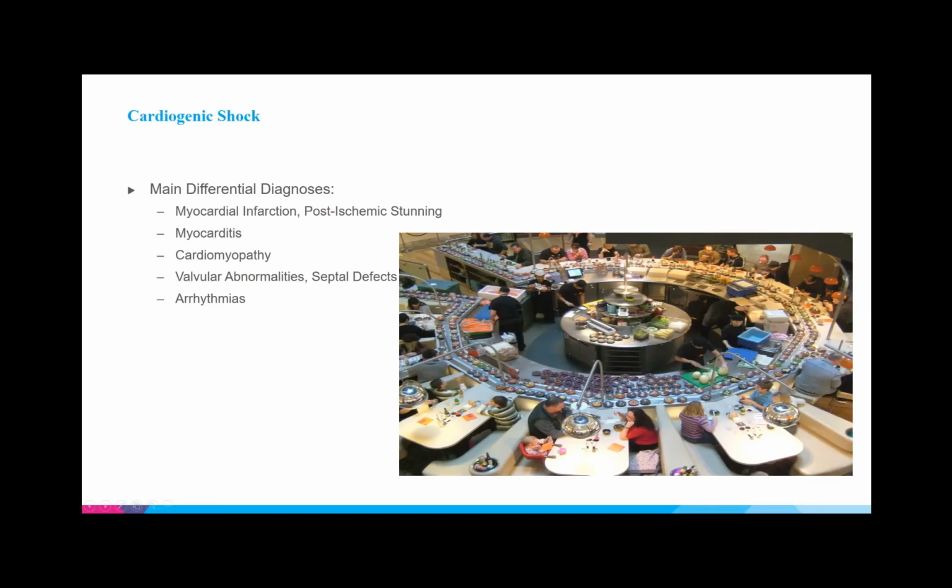Whereas with cardiogenic shock, now the pump, or the chef, is sick, and so he's making the sushi very slowly. And so the first customers take all the sushi, and there's less and less sushi available as the conveyor belt goes all the way around, because he's sick and slow, and the conveyor belt is not moving that quickly.